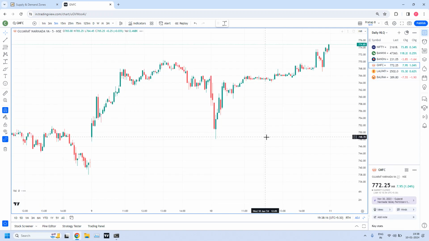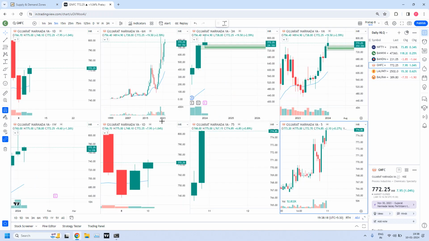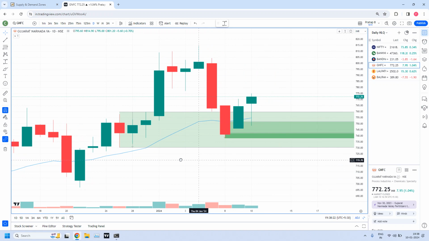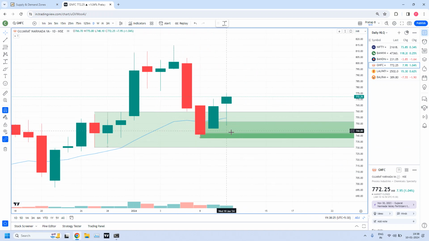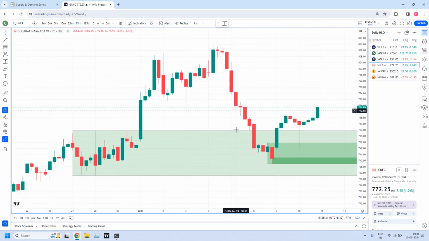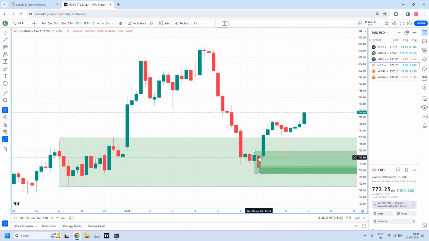Next one is GNFC. This is a daily high liquidity zone. This is the fine-tuned area. Prices did not reach it. Why did it not? There is a reason. Let me show you. We have already fine-tuned this to a drop, base candles and a rally candle. You may say this is looking like a medium-sized leg candle.